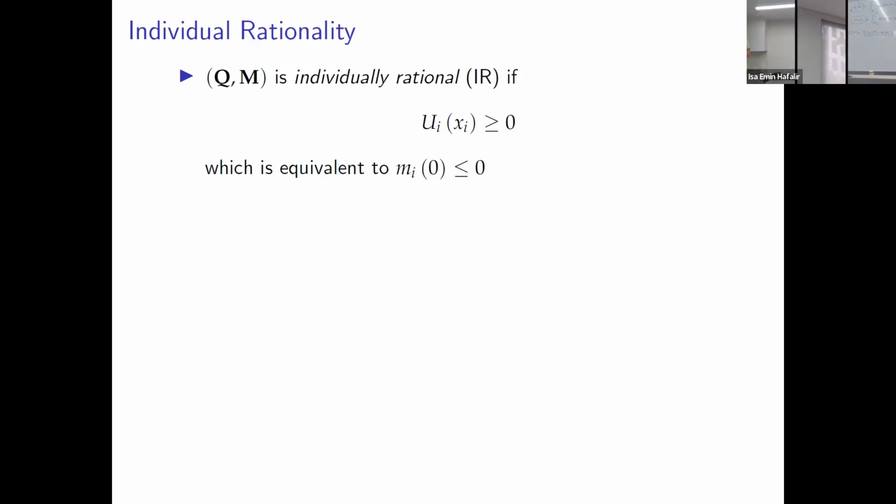But another condition is that nobody should be worse off by participating in this mechanism, right? Of course this can be done in different ways: ex post, interim, or ex ante IR. But now let's consider this to be interim. If I also had the gamma x minus I here, that would have been ex post.